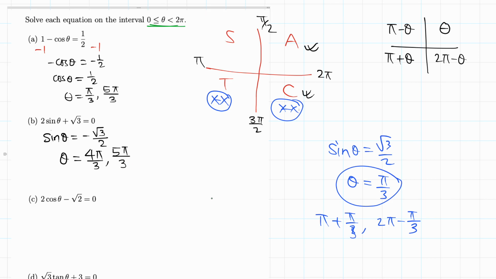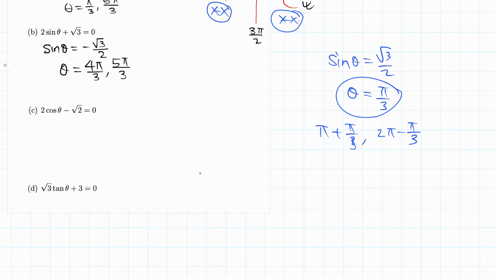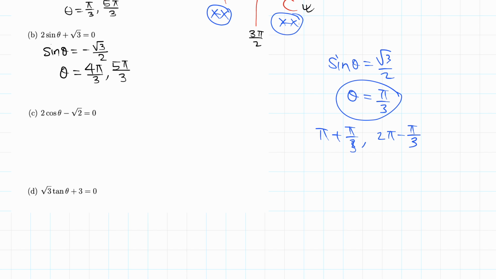So let's do part C. Isolate cosine theta. Add root 2 to both sides and divide by 2. So cosine theta equals root 2 over 2.